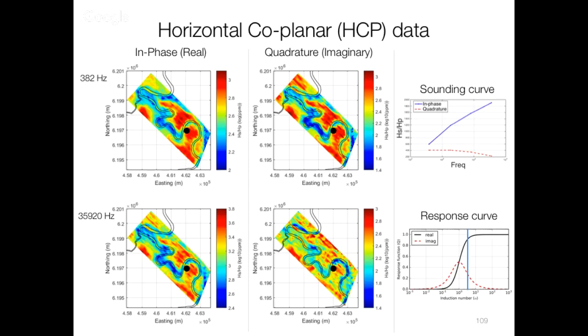And if I'm on the high end here, my real part is a lot larger than my imaginary. And the higher I go in the induction number and the frequency, the parity is between these things. So that's good, right?